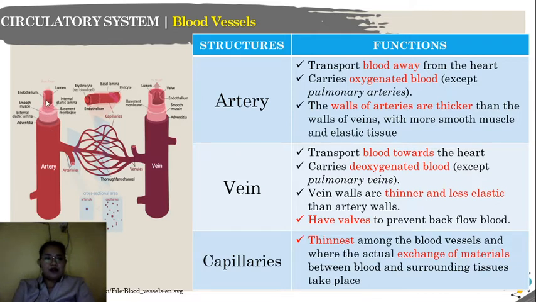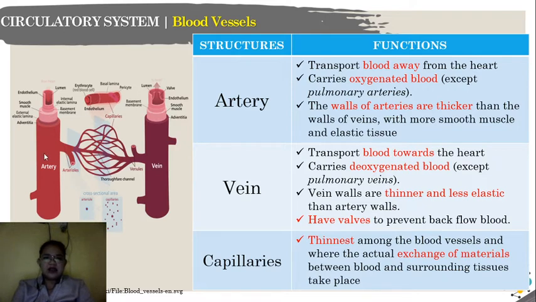So, kung maliit or manipis yung pinaka wall nito, hindi niya mare-resist na i-contain yung blood doon sa loob ng vessels niya na pwede nang sumirit. So if that would be the case, hindi talaga siya makakapunta sa buong parte ng katawan ng tao.